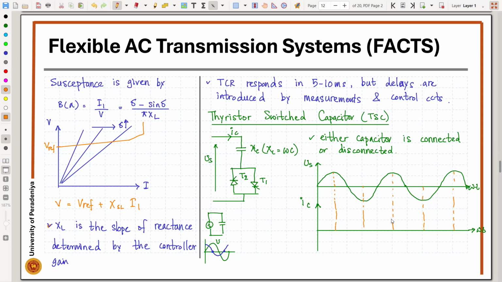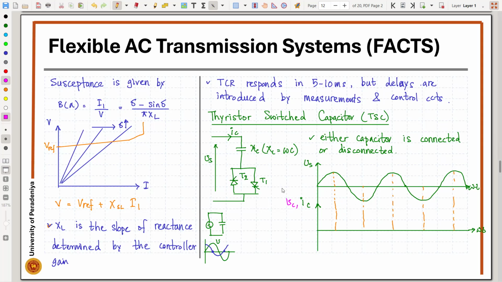And if we consider the capacitor voltage, that will remain at the positive or negative peak during the turn off.